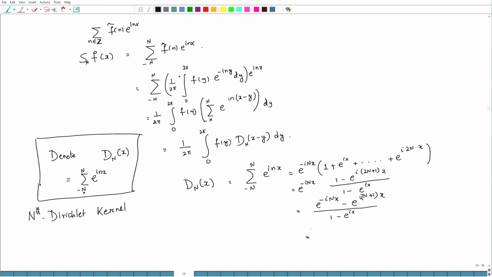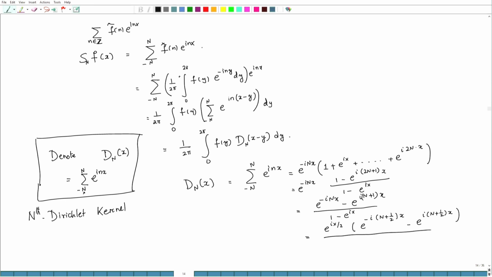Now, in order to have the symmetry, if I am taking out e to the power i x by 2, then this one is e to the power minus i (n plus 1/2) x minus e to the power i (n plus 1/2) x.